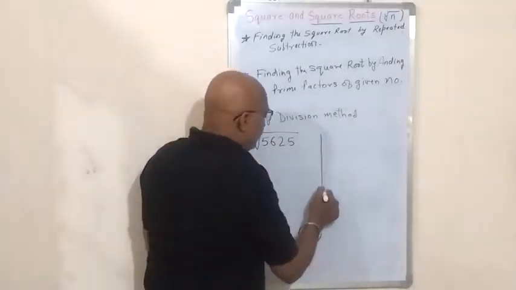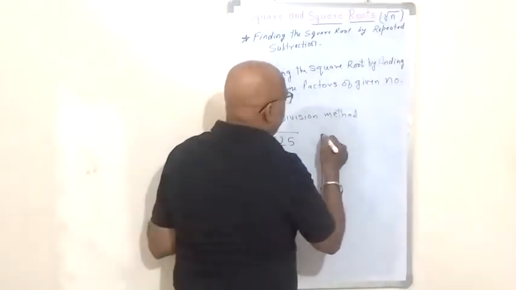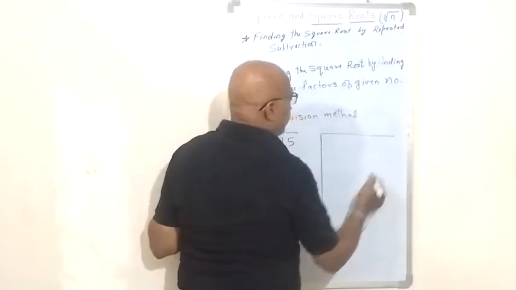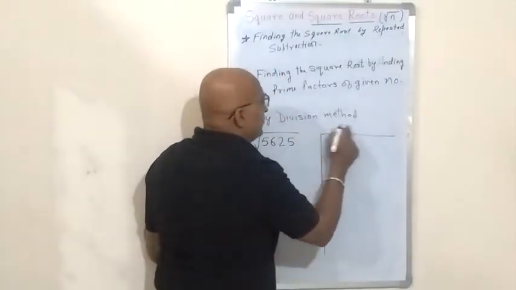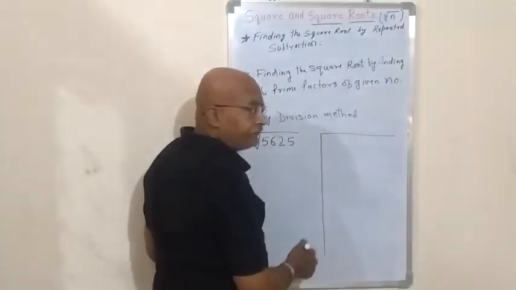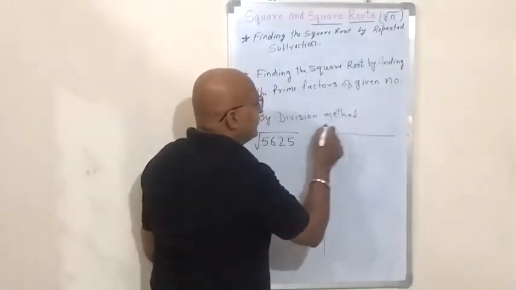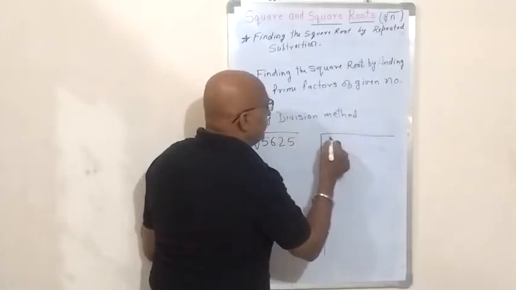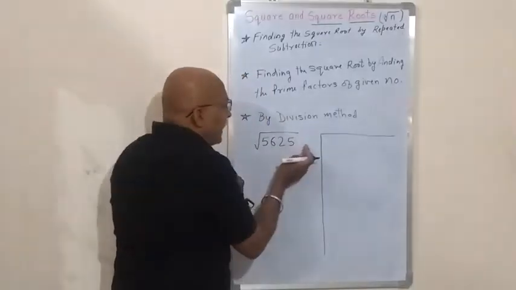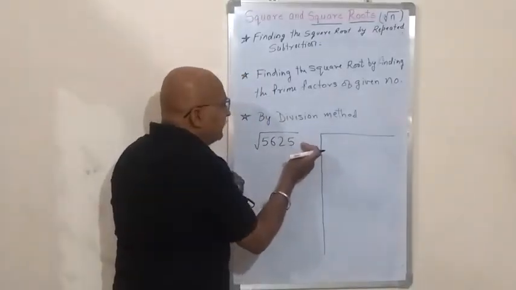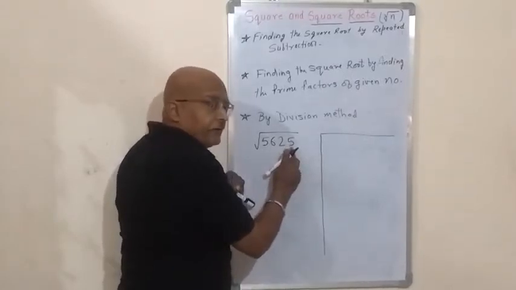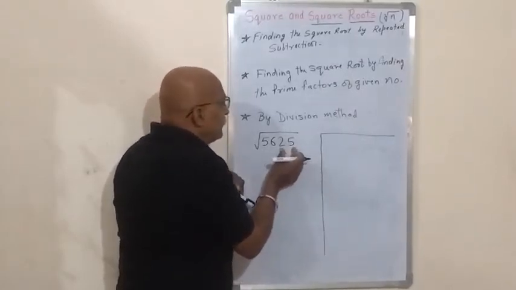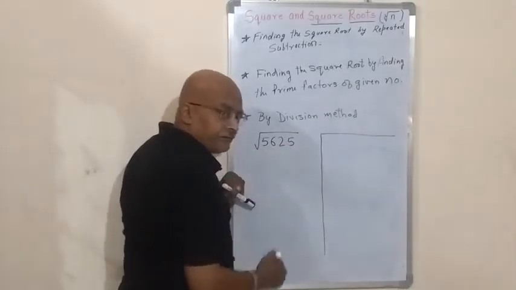So for the division method, we have to prepare like this. Here will come the quotient, that is, the answer will be here. Here you have to write the number, but starting from the ones place or unit place digit, we have to write in pairs, 2 pairs.